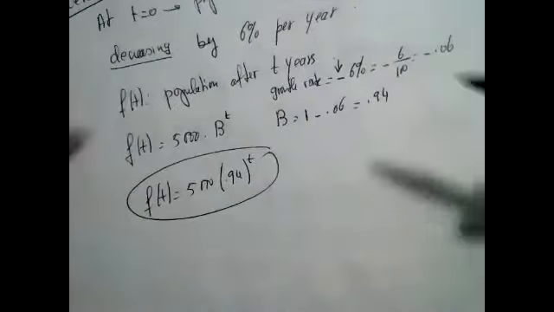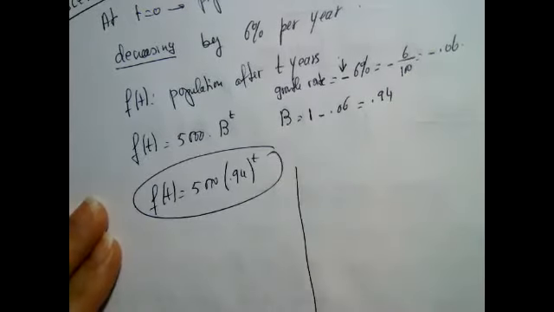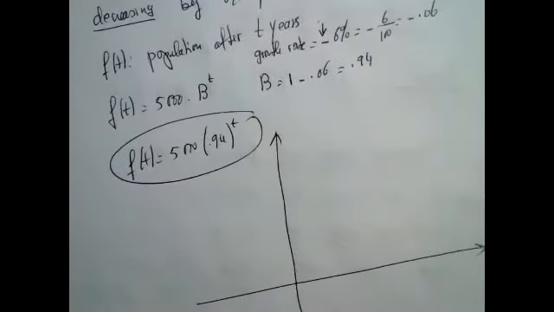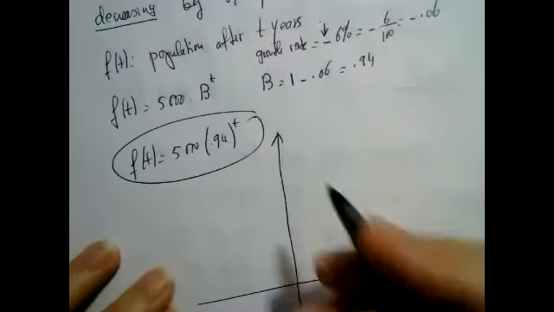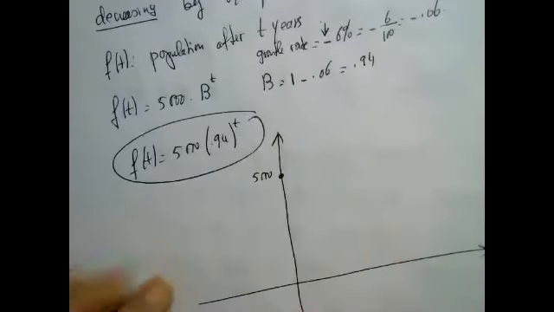Again, this scenario doesn't lend itself to linear. It means it's not the same amount every year. So we have to fully understand linear versus exponential, which we're slowly building up. This is my population, starting at 5,000.